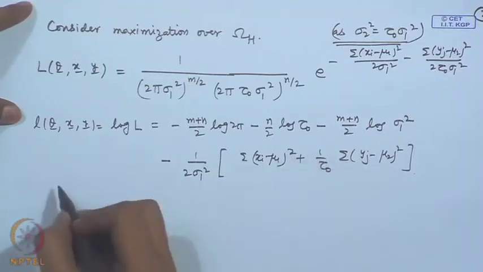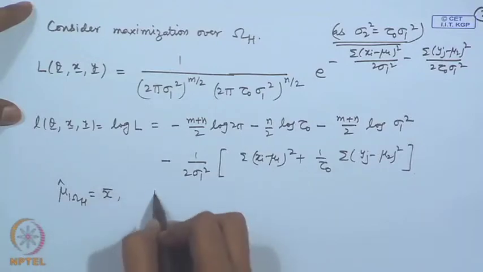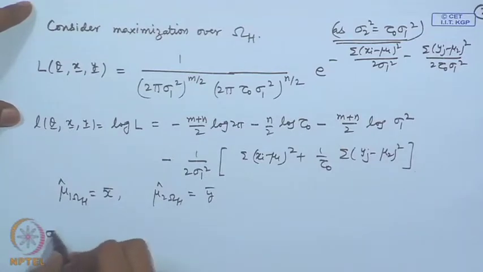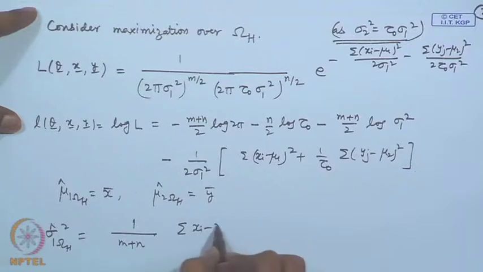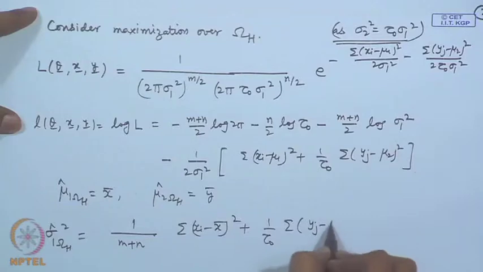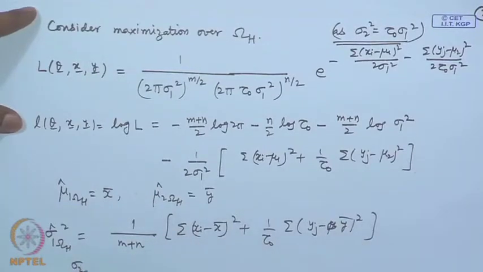So, mu 1 omega h hat will be x bar, and mu 2 omega h hat will be y bar. However, maximization with respect to sigma 1 square gives 1 by m plus n times sigma x i minus x bar square plus 1 by tau naught sigma y j minus y bar square. So, sigma 2 omega h hat square will be equal to tau naught sigma 1 omega h hat square.